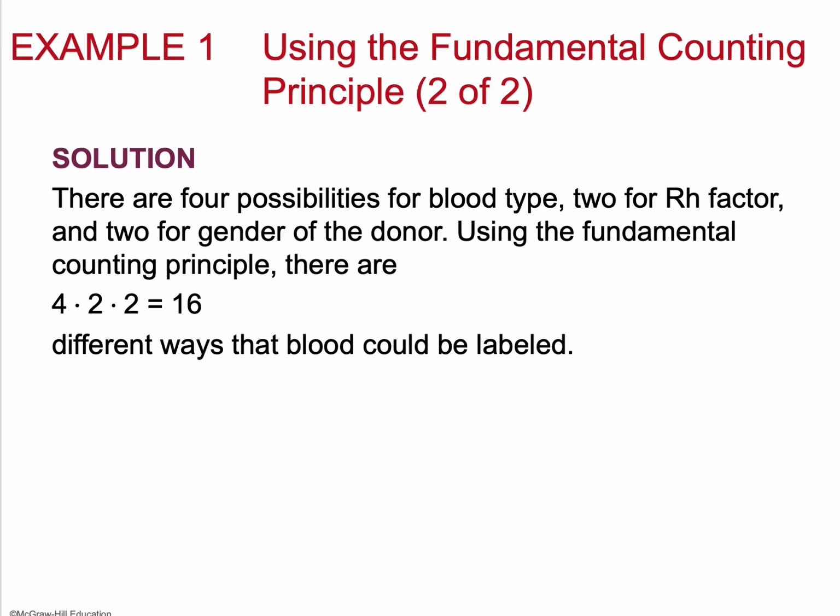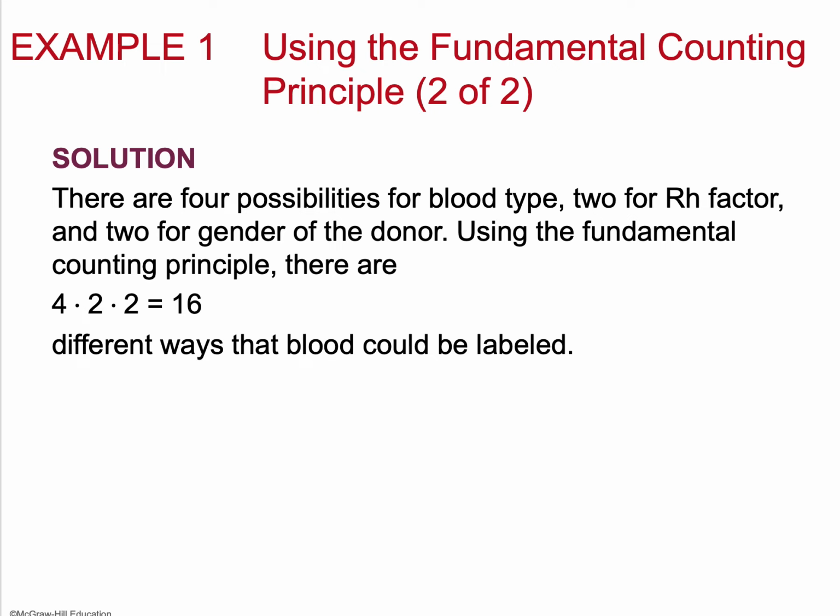So let's think about this. There are 4 possible blood types, 2 for the RH factor, meaning positive or negative. So I have 2 possibilities for RH, and 2 possibilities for gender. We're just going to simplify it for that.